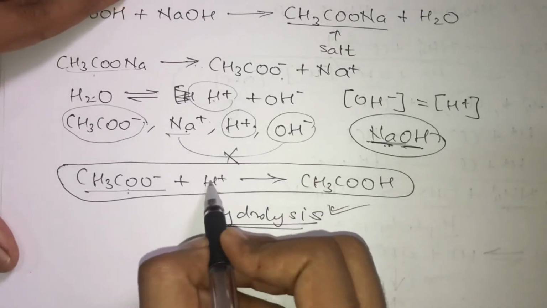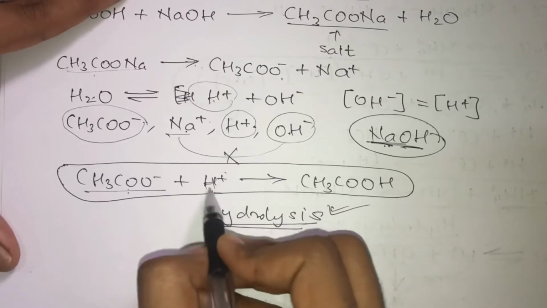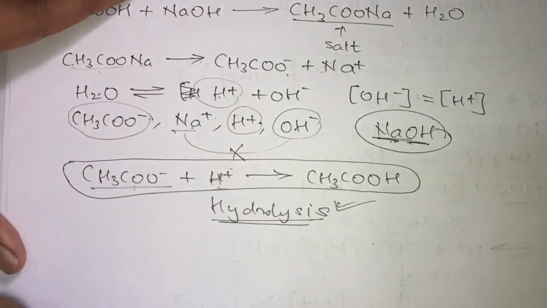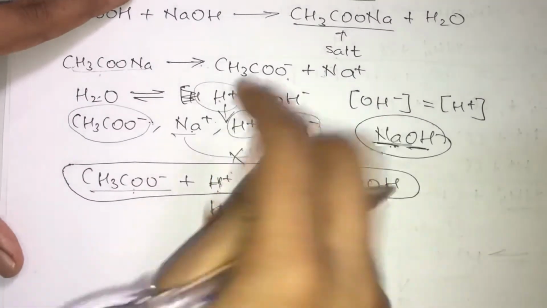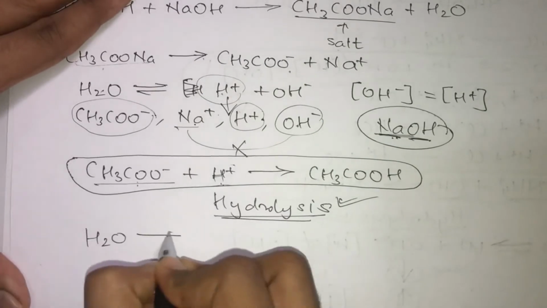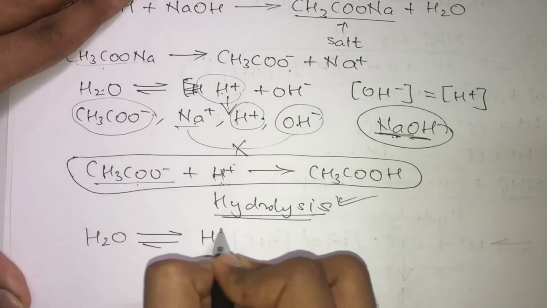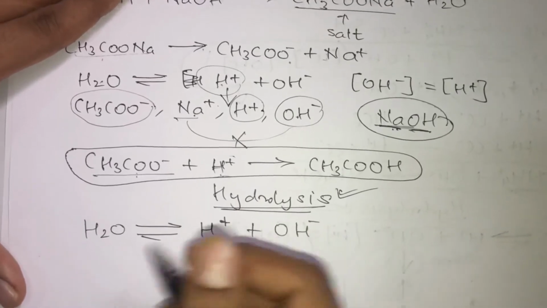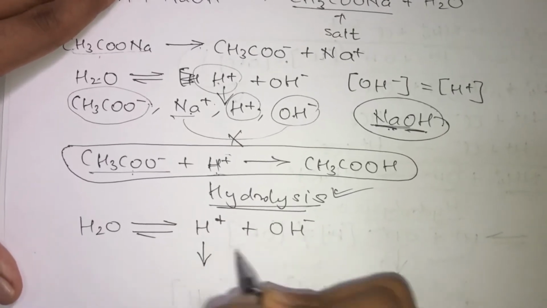So here can I say that the H plus ions are consumed. So if the H plus ions are consumed, can I say that the concentration of H plus ions is going to decrease? Let me write it over here. Okay, so the concentration of H plus ions is decreased.